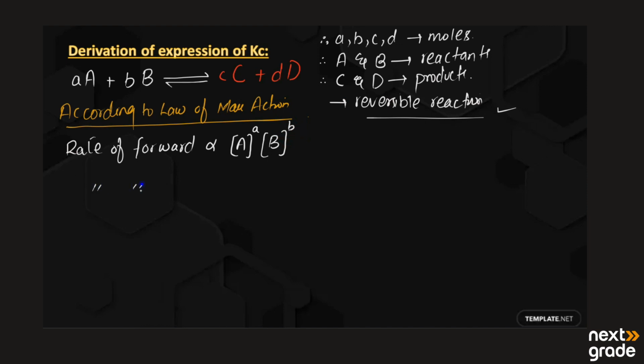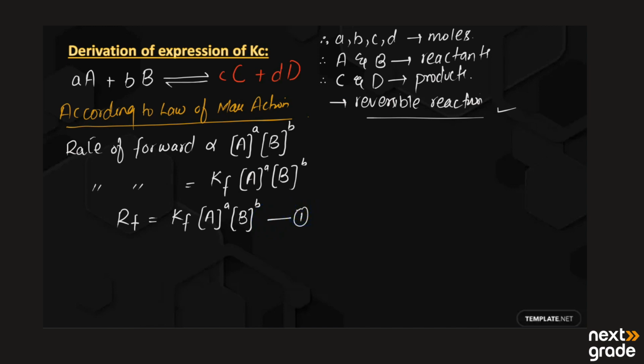If we remove the proportionality sign, we get the proportionality constant Kf, so the rate of forward reaction Rf is equal to Kf times [A]^a times [B]^b. So this is the first equation.